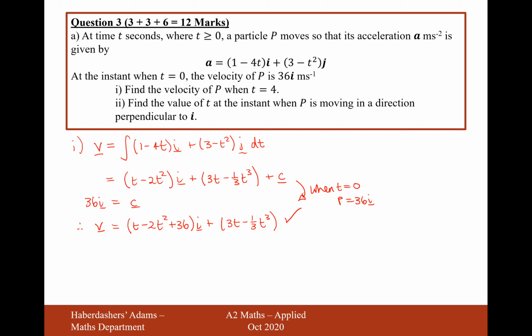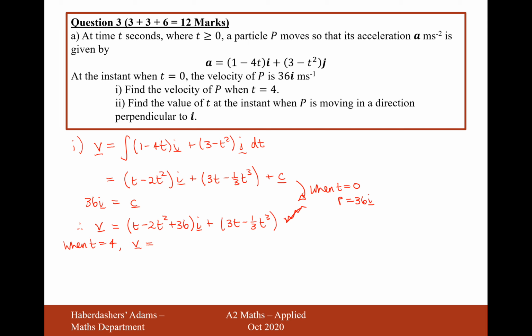No, that's not our answer to part i. We've just found the expression for it. So now we need to find when t equals 4. The velocity is going to equal, let's do it on the calculator, 4 minus 2 times 4 squared, and then plus 36.